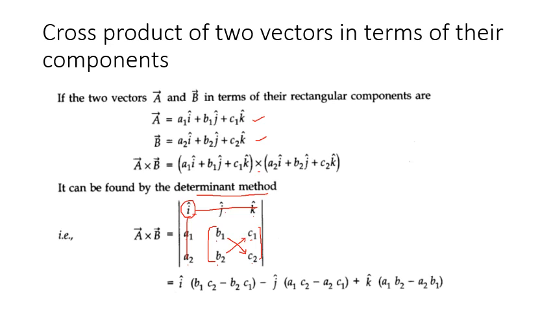I will be outside, and now it is a 2 by 2 determinant. So B1 C2 minus B2 C1, and the next term will be minus. It is a rule to simplify the matrix: the second term, that is the even position, will be with a negative sign.